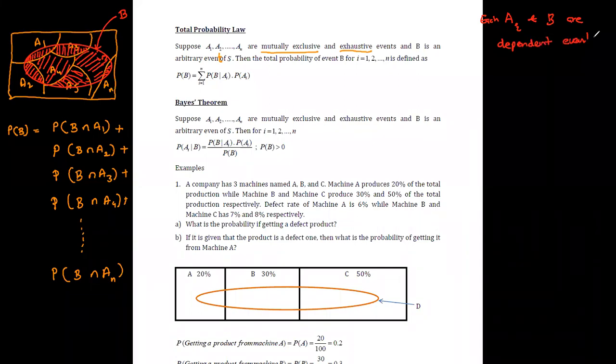Based on this concept, we'll define this total probability law.